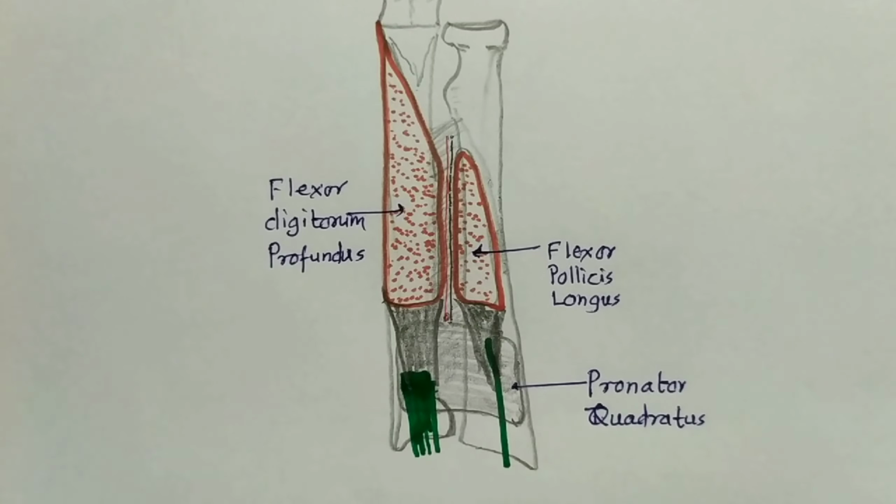Out of these three deep muscles, 2.5 muscles are supplied by anterior interosseous nerve, which is branch of median nerve. The flexor digitorum profundus muscle has double nerve supply. Its lateral half is supplied by anterior interosseous nerve, that is branch of median nerve, while the medial half is supplied by ulnar nerve.